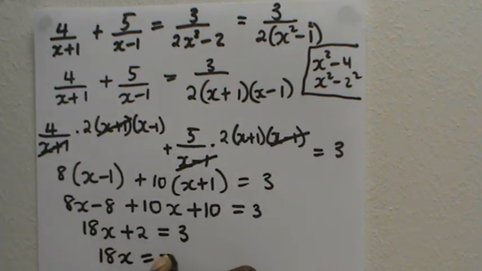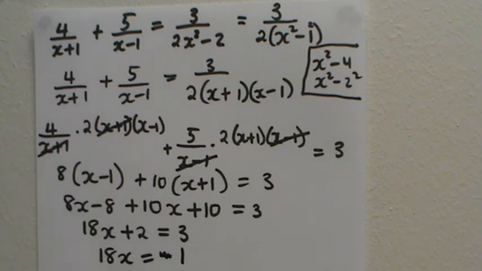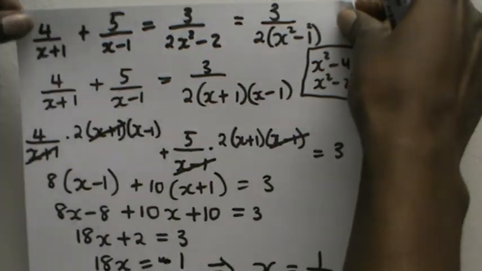So this is positive 1. I was about to write minus 1, but it's positive 1. And then I divide by 18 on both sides. And then from there I can say that x is equal to 1 over 18. Okay, sorry, I'll move this up so you can see it.